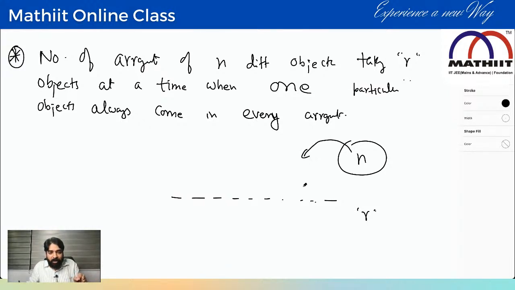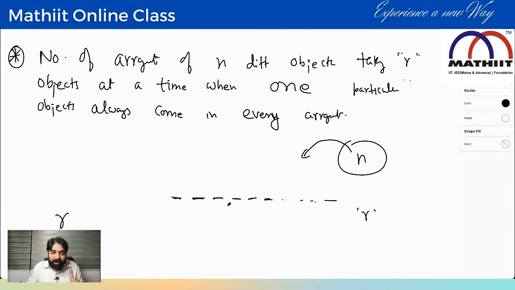That person will come out and arrange himself. One person, R places, how many ways can be filled? It may be here, maybe here, maybe here, maybe here. So there are R ways for that particular person to sit down.